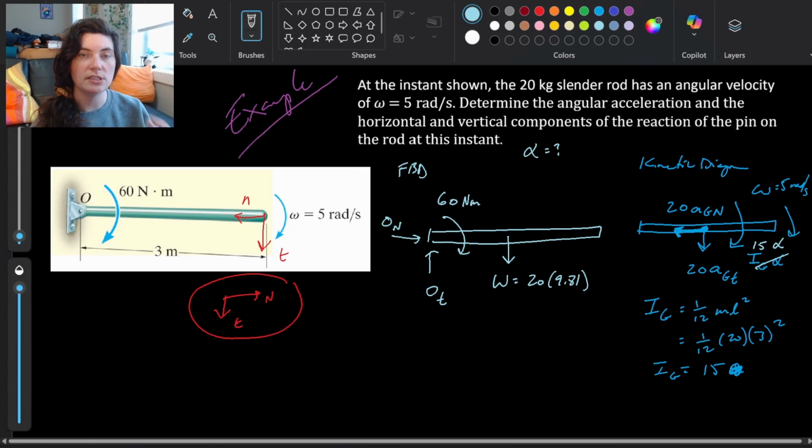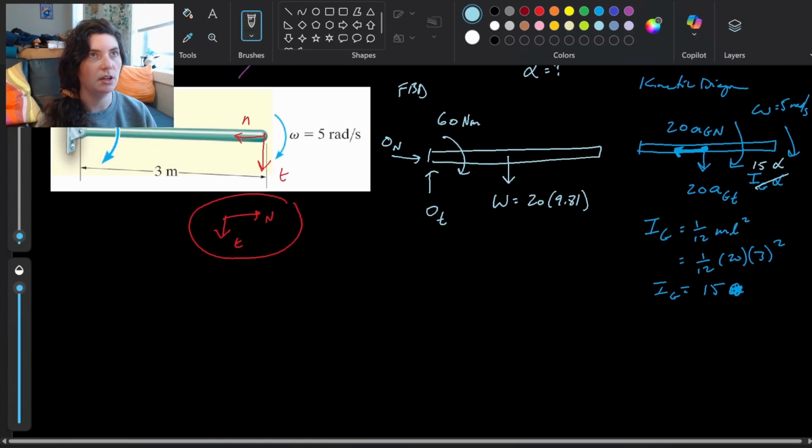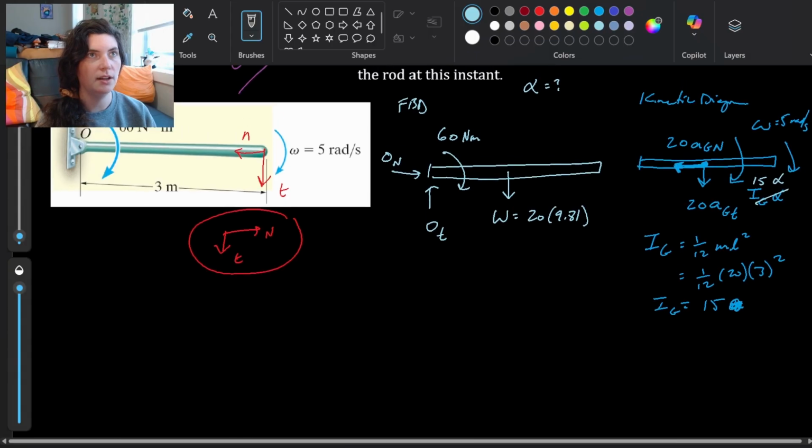So really important to make sure we capture that moment aspect in our rotational motion. Now that we have all of the setup done, we can move into those equations of motion. So I'll bring this down, and we're looking for alpha and OT and ON, those components of the pin.